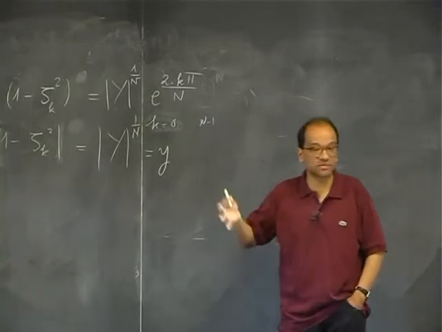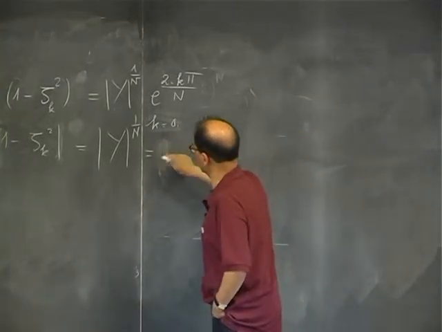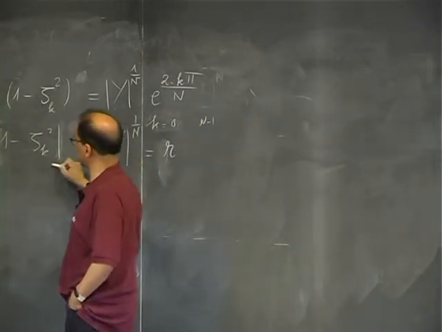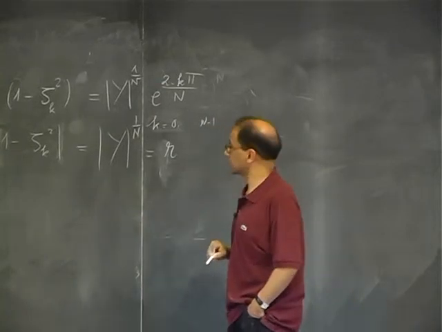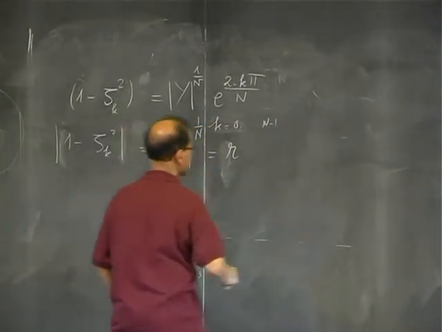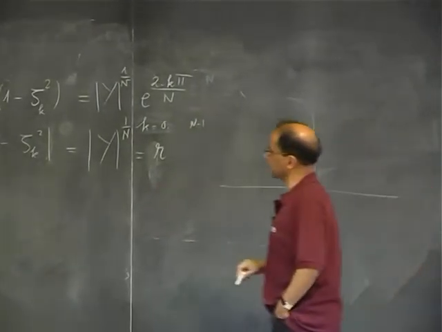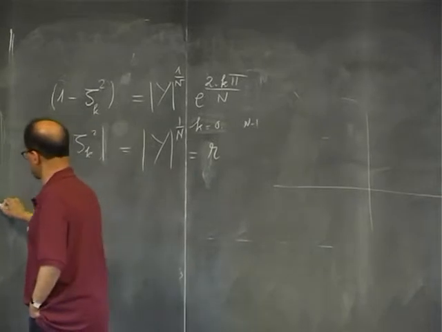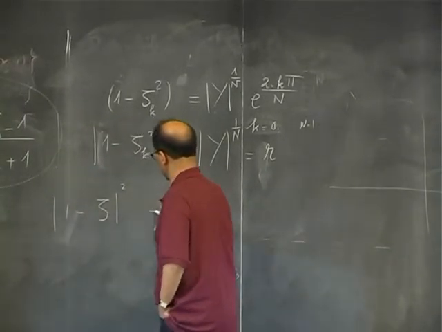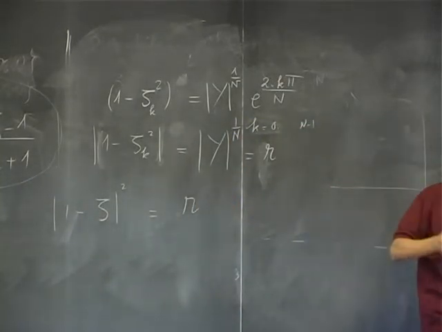Just notation. Or r if you wish. Let's call it r. So this tells you that the roots of the Bethe equations lie on the curve in the complex plane. In the complex plane, they lie on this curve. 1 minus, all the roots are on this curve in the complex plane.